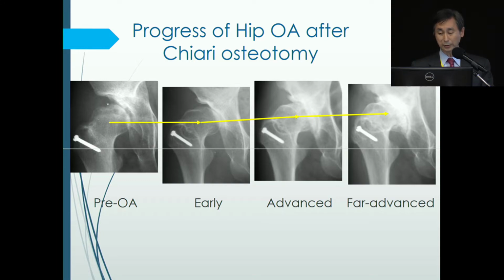In such cases, total hip arthroplasties might be indicated. However, total hip arthroplasty after osteotomy is not the same as the conventional primary THA. For example, scar tissue formation and deformed bone geometry affect the surgical techniques, and the radiological and clinical outcomes.